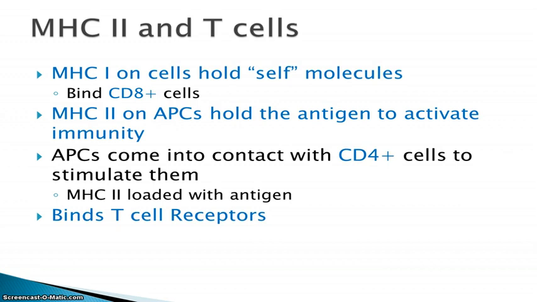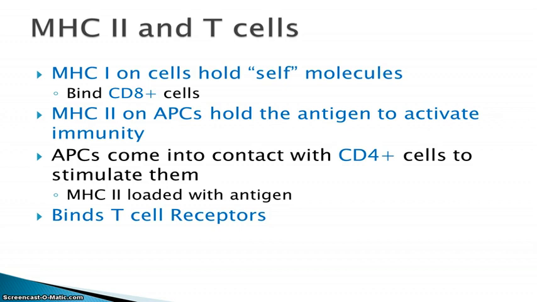MHC class 2 receptors are on antigen-presenting cells only. They are loaded not in the ER, but in a vesicle in the cytoplasm. They are loaded with foreign peptides, foreign bits of pathogen that have been broken up and destroyed by the antigen-presenting cell.